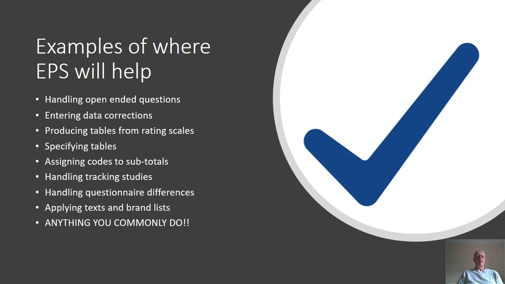You can see when they were added to a questionnaire on a tracking study, for example. And any questionnaire differences can be managed very tidily through an EPS template. Applying text and brand lists, another good use. But there's more ideas than this. It's anything that you do from project to project that will benefit by being put into an EPS script template.